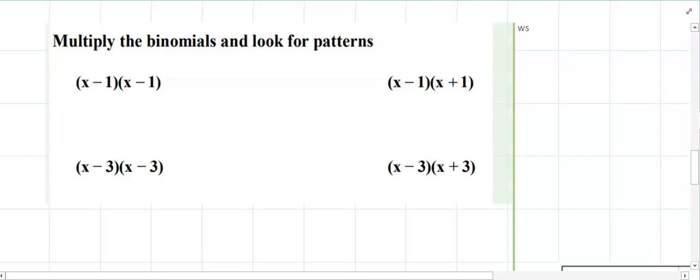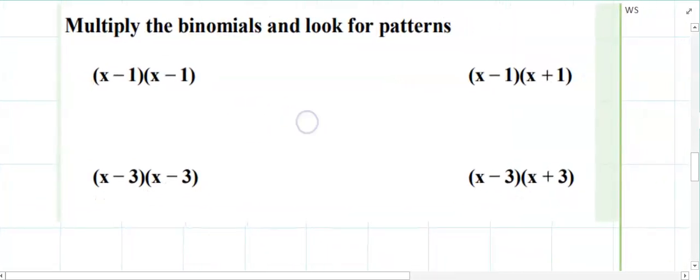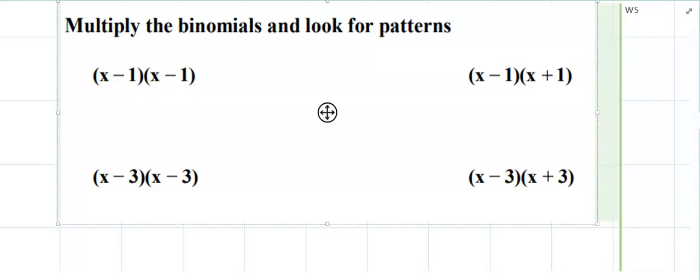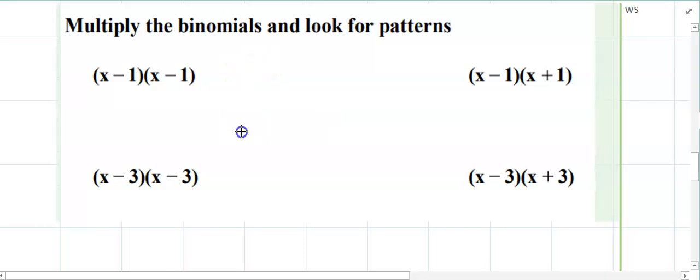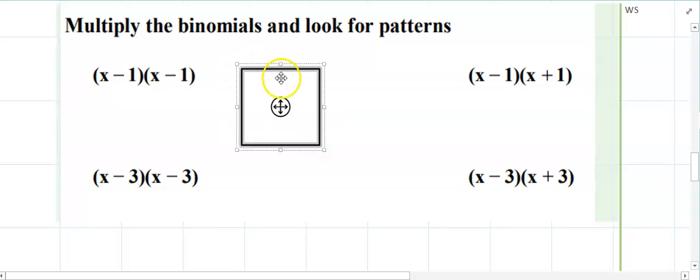Let's multiply these binomials and look for patterns. If we were to put this into a box, let me get a better box over here. I have enough space to write. There we go.